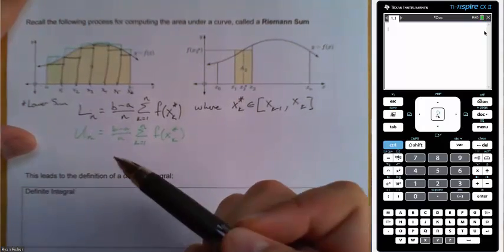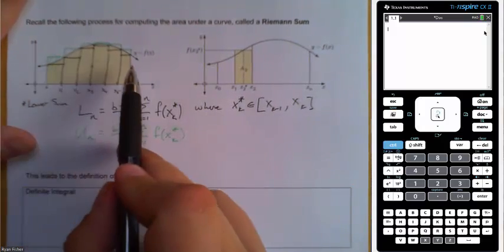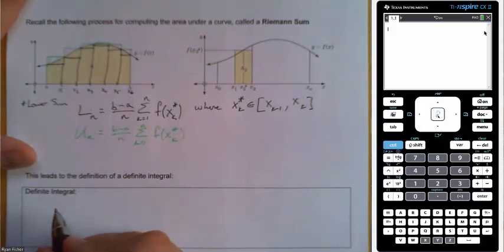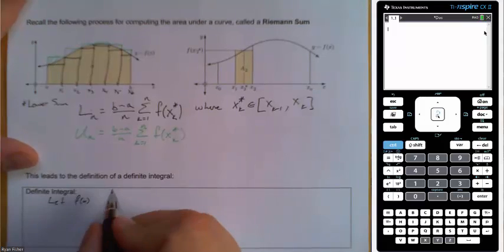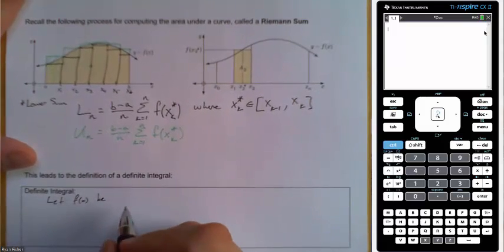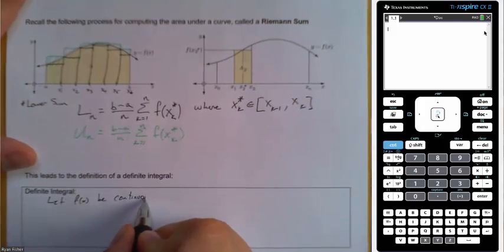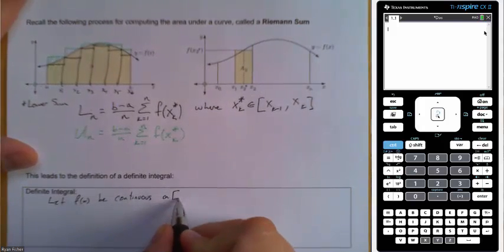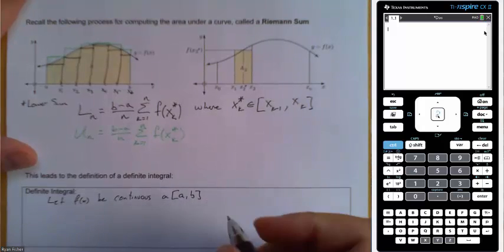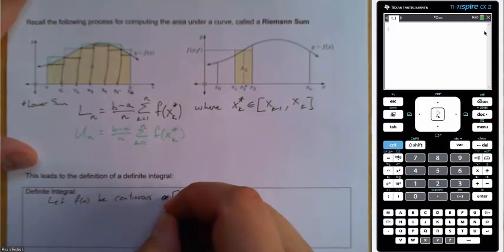And since it becomes 0, it becomes the exact area under the curve. So I'll write that down. Let f of x be, and this applies to continuous functions, on a closed interval on [a, b].